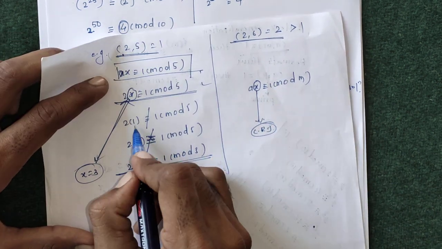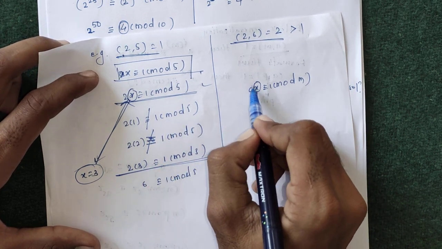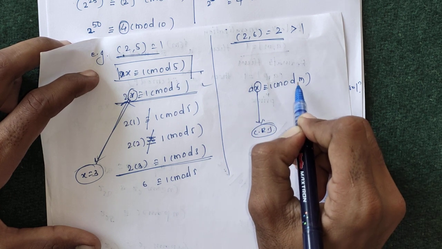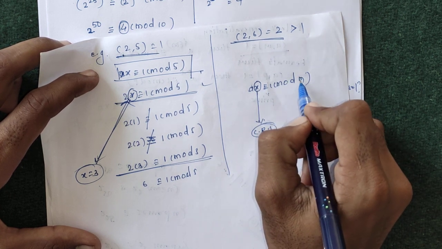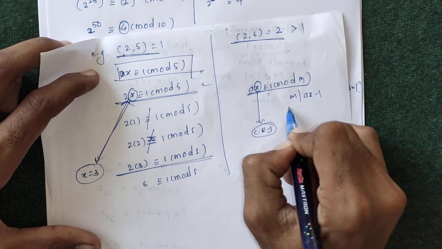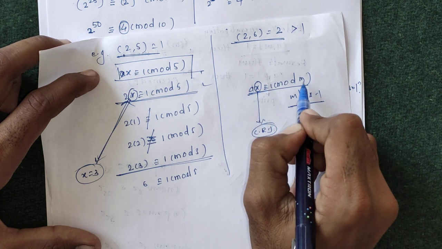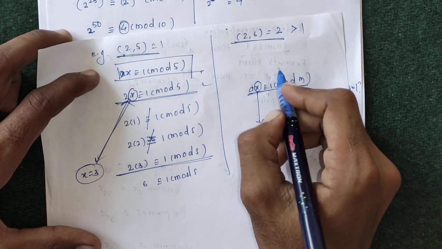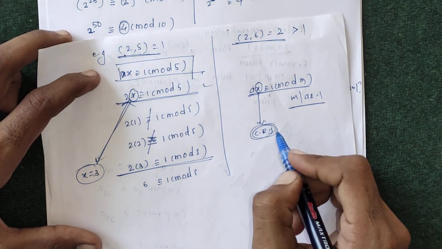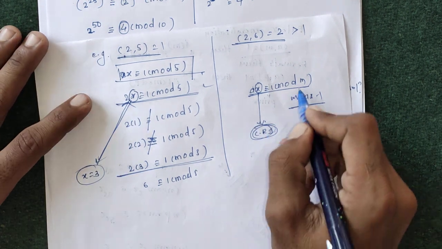Since we are finding the x which satisfies AX is congruent to 1 mod M, this congruence being satisfied means M divides AX minus 1. If M divides that integer, these x are from the CRS modulo M.